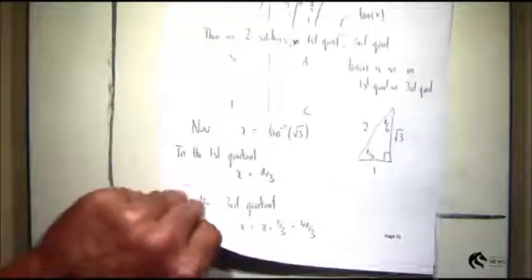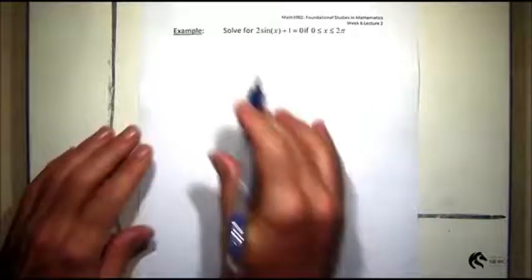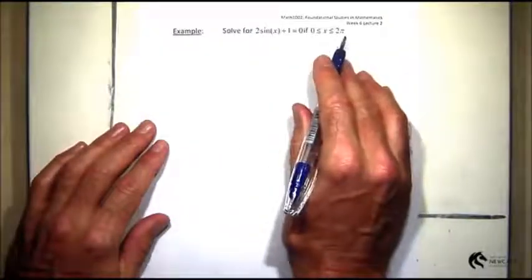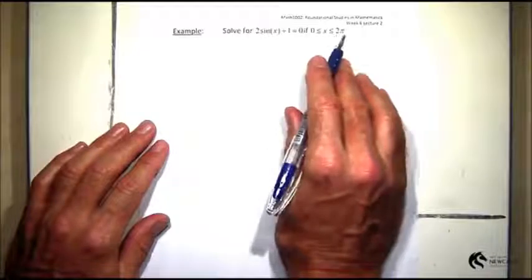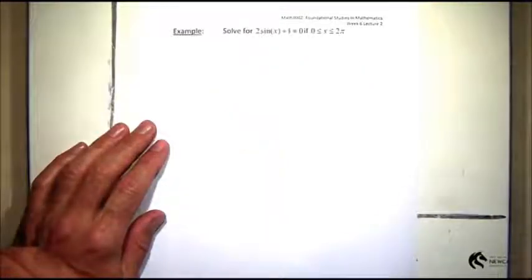Okay, that was fun. Let's do another one. So I'm trying to solve, in this case, again, the domain is going to be restricted to 0 to 2 pi, and I want to solve the equation 2 sine x plus 1 is equal to 0.